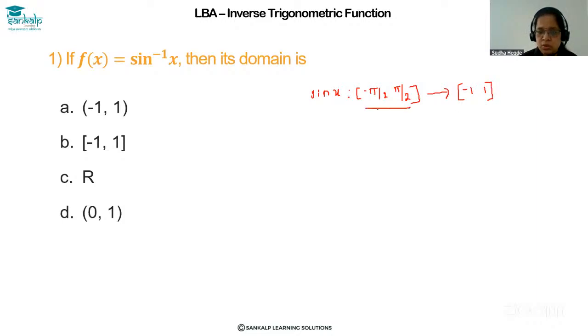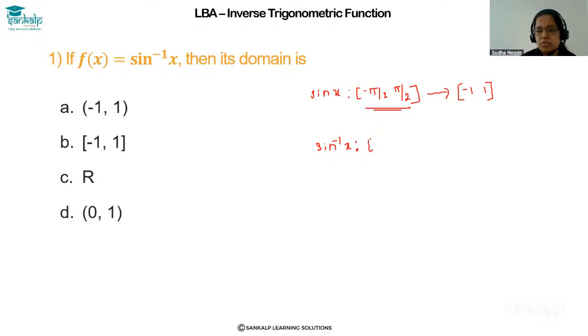So in this domain, the function sin x is both one-one and onto. Since it is onto, codomain must be equal to range, and sin inverse x exists. So sin inverse x is defined. Interchange the domain and codomain.